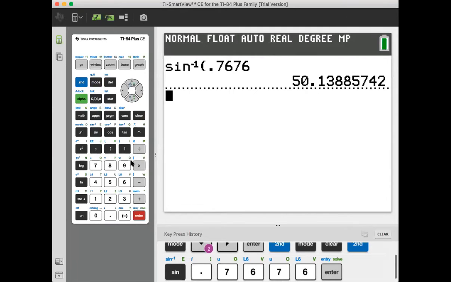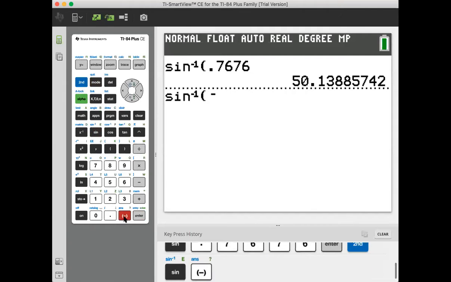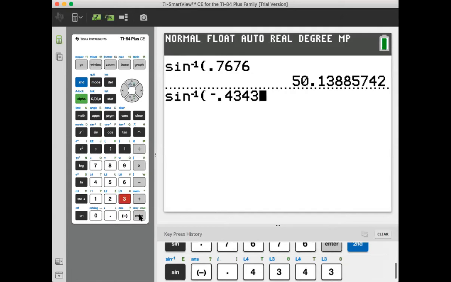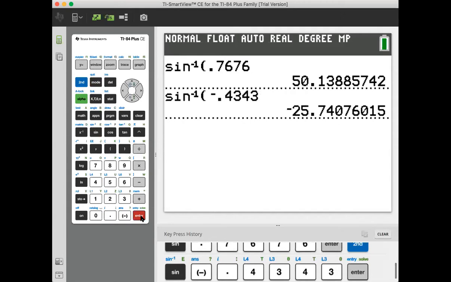So there's one possible answer. And then we're also going to hit second inverse sine of negative 0.4343. So that gets us another answer of negative 25.74 degrees. So I'm going to write those up, and then we're going to go ahead and talk about what those mean.